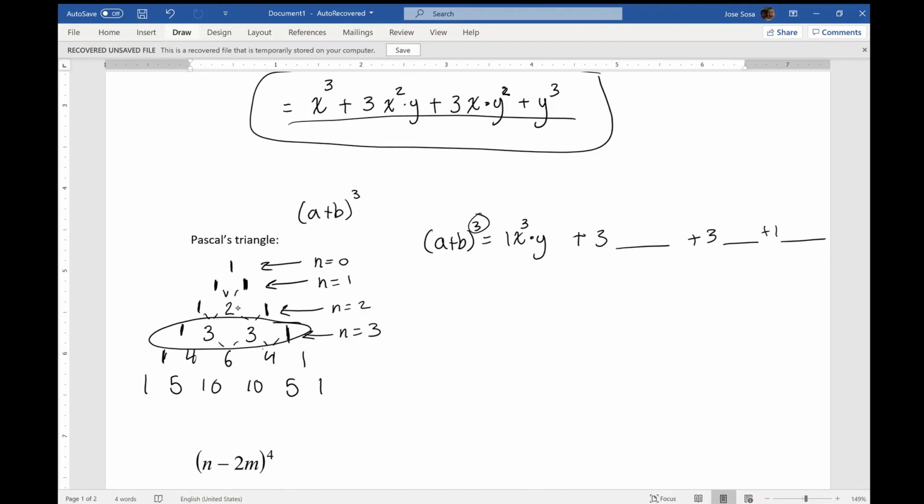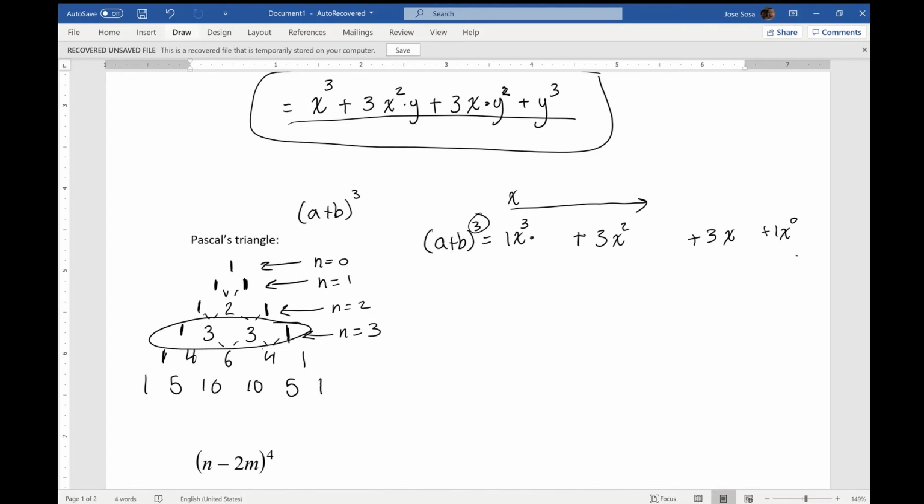Or in fact, don't even think about that. So we're going in descending order that way with x. I started with x to the third, so this I'm going to do x to the second. And over here I'm going to do x to the first. And over here x to the 0th. And this is for the x variable.